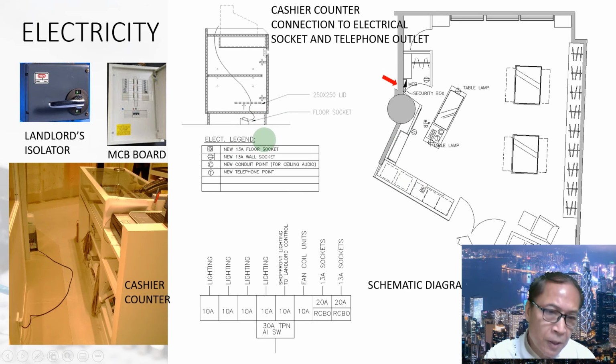The sockets for the cashier counter are on the floor, like this side here, 4 sockets with access, and the cable goes this way for the cashier machine. This is the schematic diagram for the MCB board, sockets, telephone, Wi-Fi, and LAN. Nowadays we have LAN.